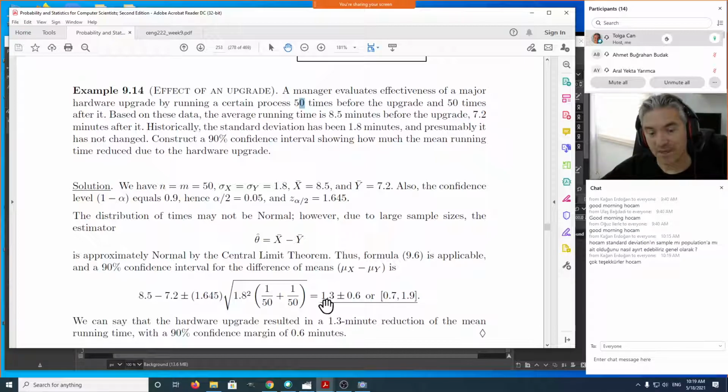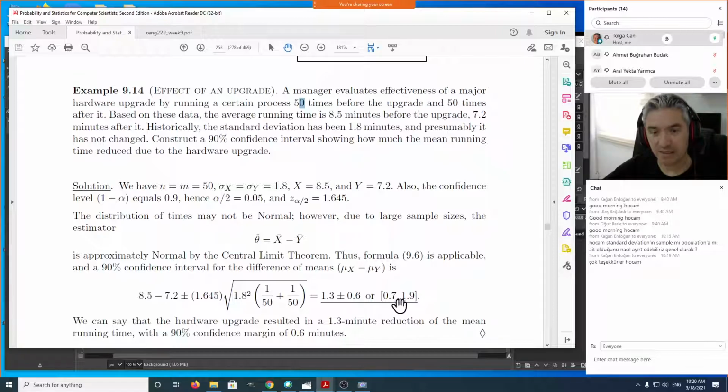So when we build a confidence interval around 1.3, we say that we're 90% confident that the actual difference is between, I mean, again, I'm stating it incorrectly. The actual difference between population means is something fixed. It's not a random variable. But I'm 90% confident that this interval contains the actual difference, which means that the left end of this interval is positive.